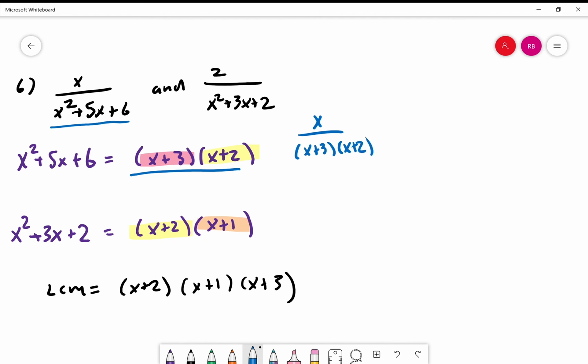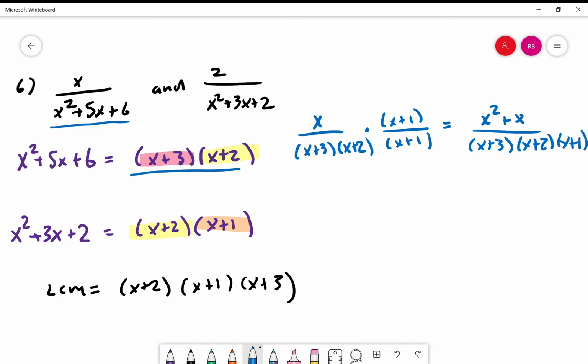So we're missing an x plus 1 from our LCM, so that's what we need to multiply it by. X plus 1, x plus 1. So this one, I'm just going to go ahead and distribute in the same step. So we get x squared plus x over x plus 3, x plus 2, x plus 1. So our LCM matches, so we're good there.